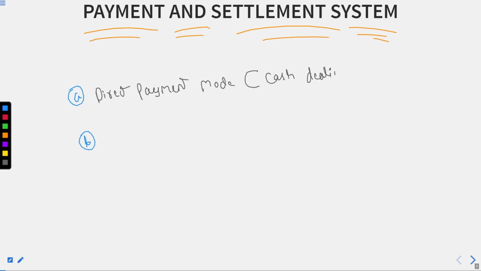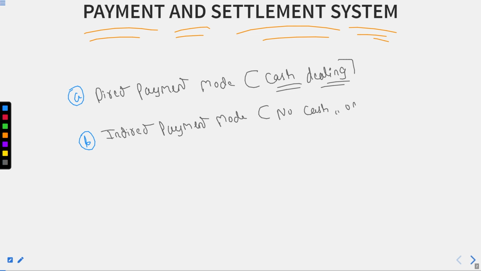We have discussed the two ways of payment: the direct payment mode, in which we discussed that it was cash dealing, and the indirect payment mode, in which there was no cash, only online transactions. That's what we had discussed.